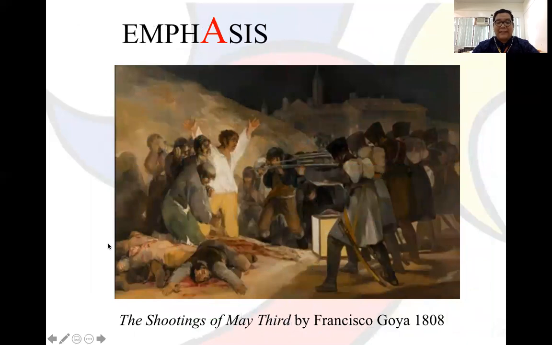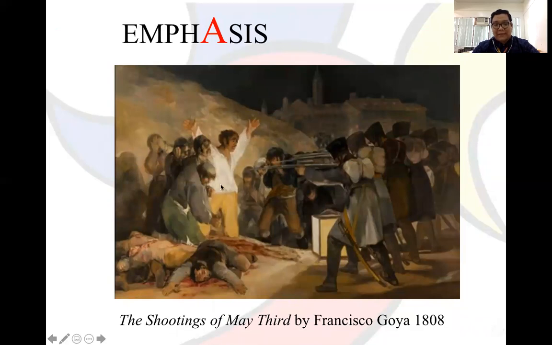We also have emphasis, okay? Now take a look at this masterpiece by Francisco Goya in 1808 entitled The Third of May 1808, or The Shootings of May 3rd. If you look at this one, the highlight of this painting is definitely this person here wearing a white shirt.